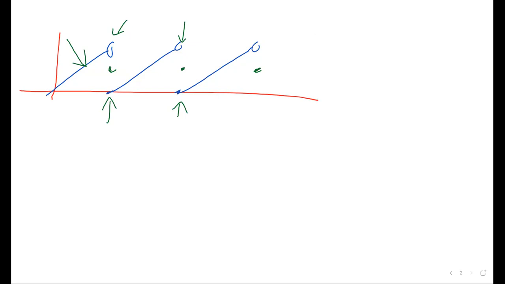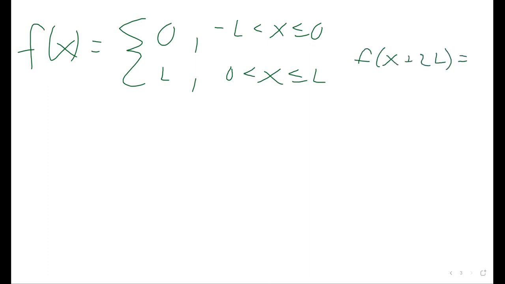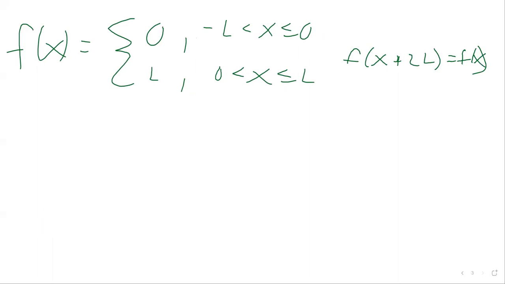So let's do another full example of this. Zero for L, we get negative L, 0, and then we go 0, L, and then f of x plus 2L equals f of x.